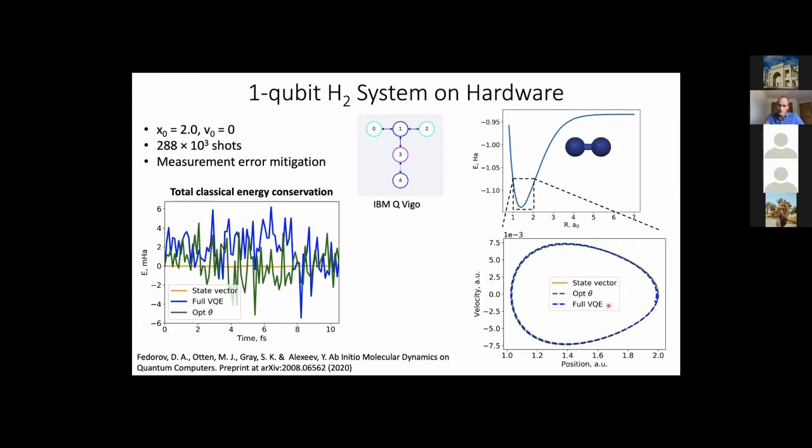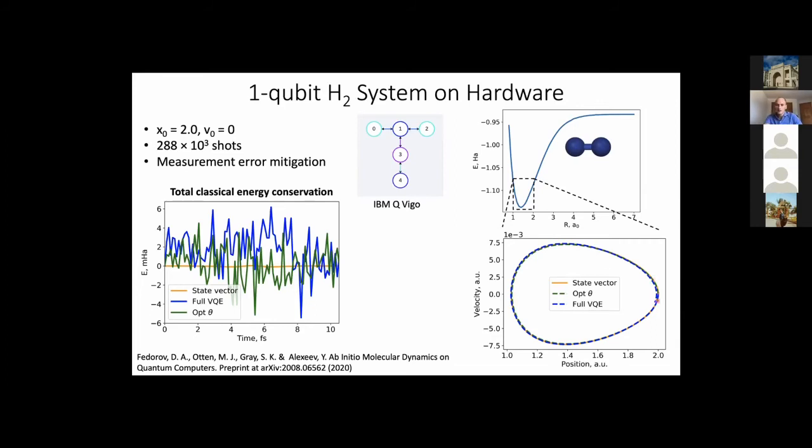The blue line corresponds to the simulations where we run full VQE cycle optimization for each geometry. And for comparison, we show this green curve, which is a trajectory run using the optimal theta parameters that are optimized with the state vector, just to see what is the difference between the full VQE optimization at each step versus running a trajectory with optimal parameters.